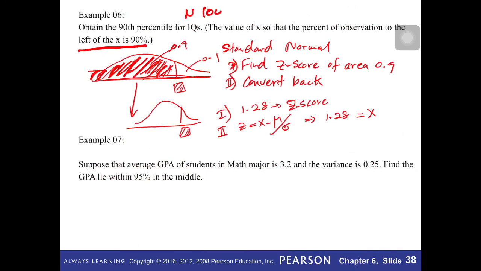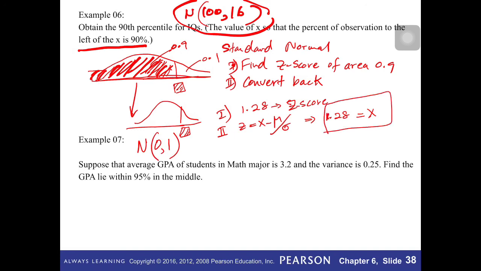So your distribution is normal(100, 16²), and the standard one is normal(0, 1), right? So convert back: c sigma equals x minus mu, so x equals mu plus c sigma. So mu is 100 plus c is 1.28 multiplied by 16, right? So this is your answer. This is the 90th percentile.